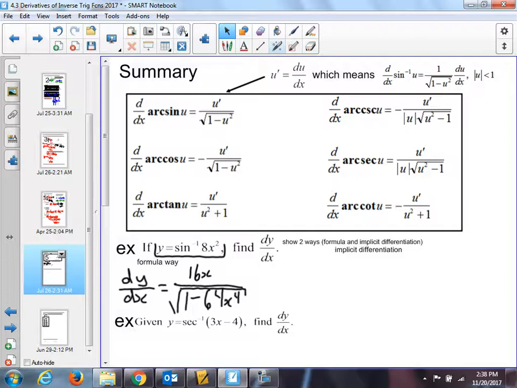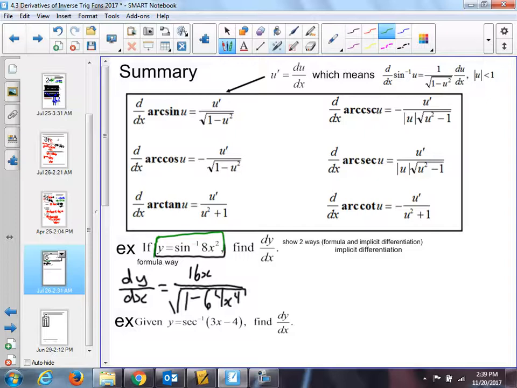So, what if we did it this way though? I want you to be able to do it without using the formulas, because the other thing is that chances are you're not going to remember them. You could, but if I rewrote this expression, or this equation here, not as an inverse, what does that mean as far as sine equals? Sine of something equals.